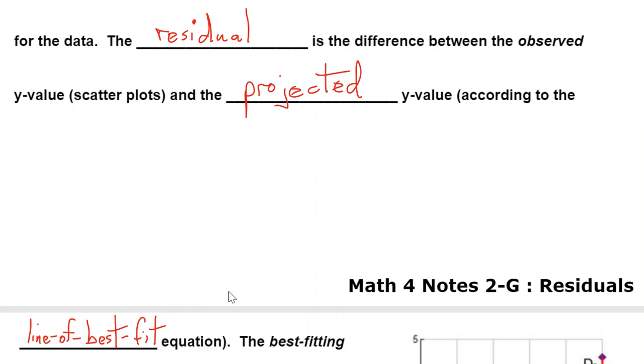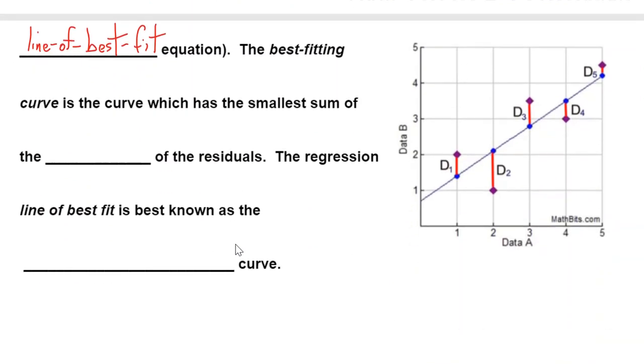As we scroll up and see these pictures, each of those red lines in that drawing represents a residual. They represent the difference in y between the purple diamonds, which is the actual data that you're plotting, and the distance from them to the line of best fit, which is the blue line through the middle.